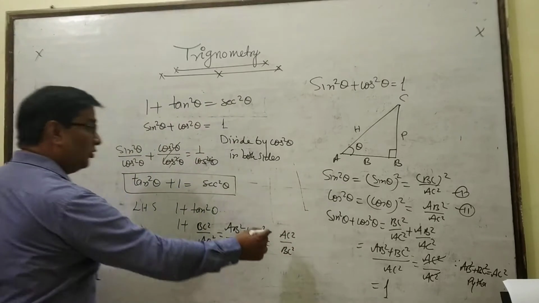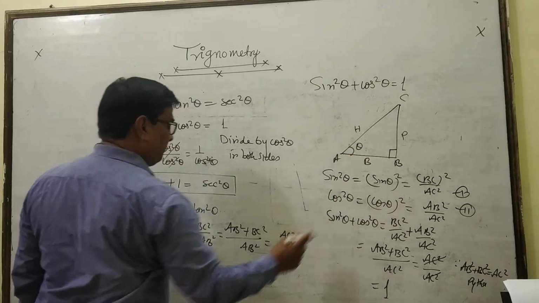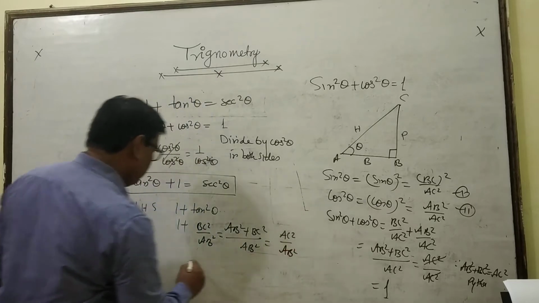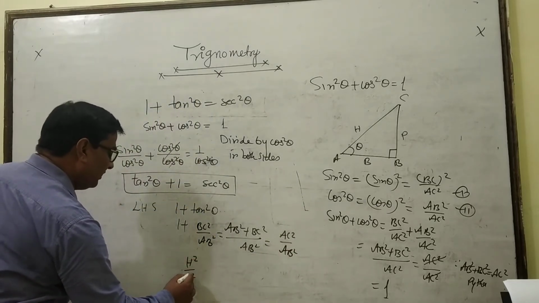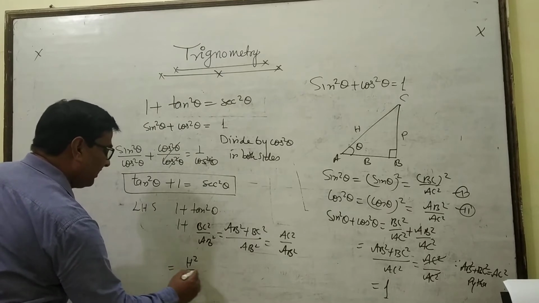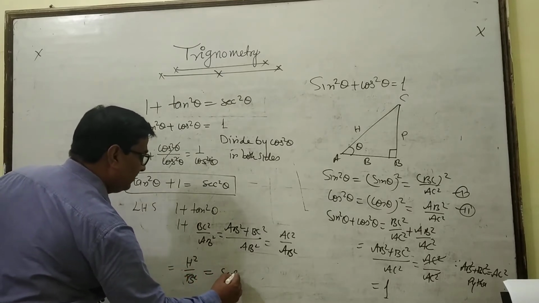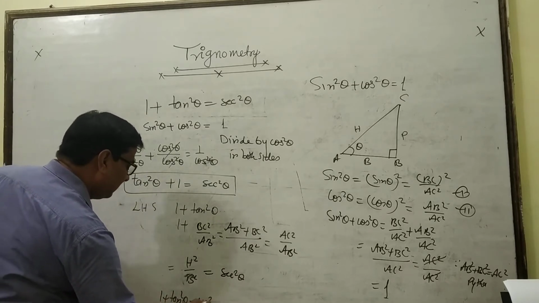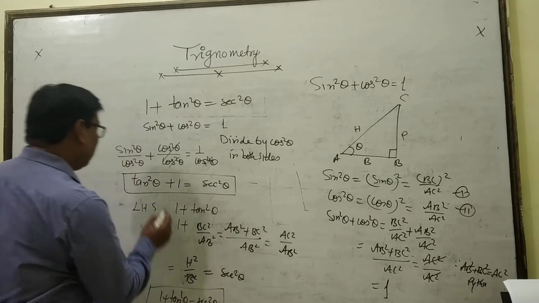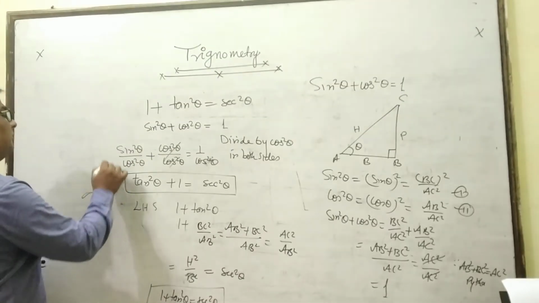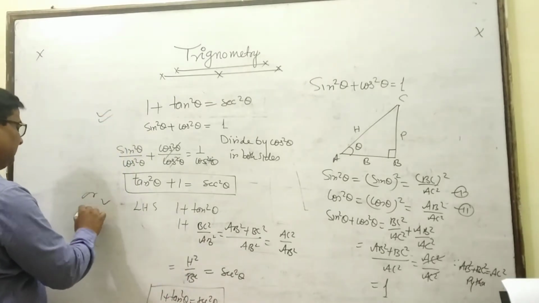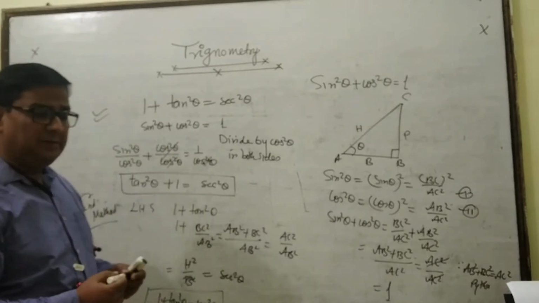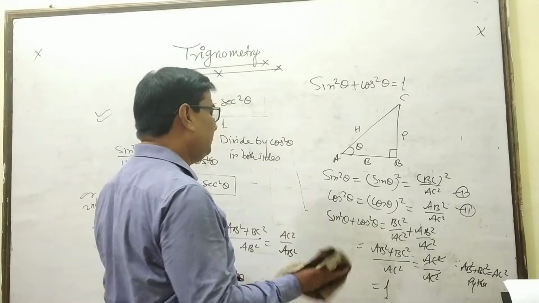So AC square upon AB square, hypotenuse square upon base square, that is equal to sec square theta. So you can write 1 plus tan square theta is equal to sec square theta. So the first method is this one, and the second method is this one. So you can derive 1 plus tan square theta is equal to sec square theta.